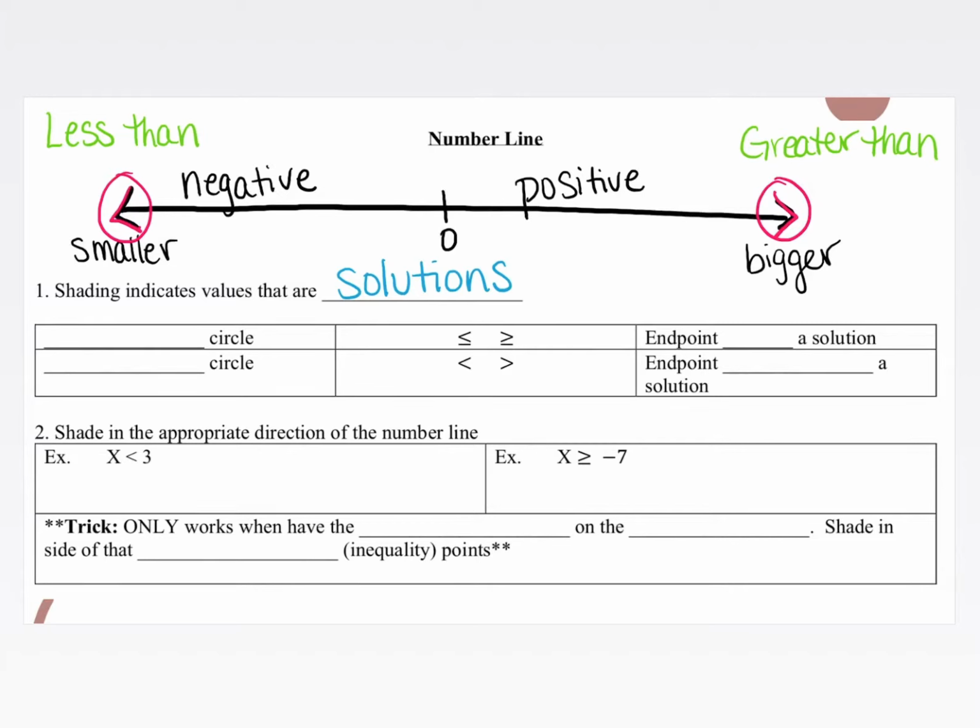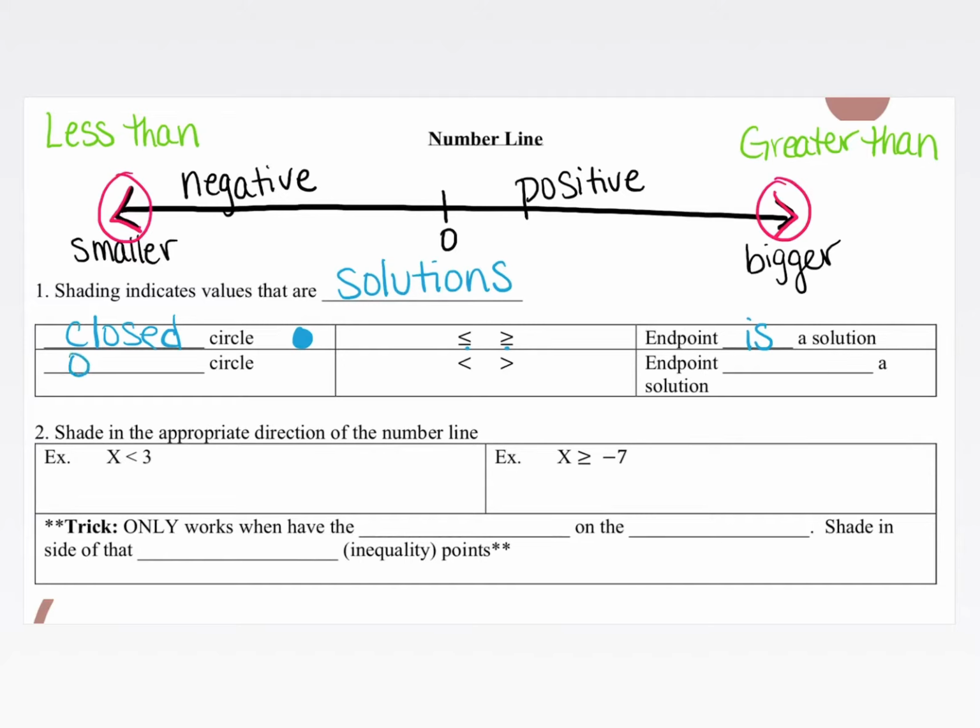So first we have a closed circle, which is basically a dot that is filled in. We know to graph a closed circle when we have either a less than or equal to or a greater than or equal to. This means that the endpoint is a solution. So wherever that circle lies, whatever point that is on the graph, that is a solution to the inequality statement.